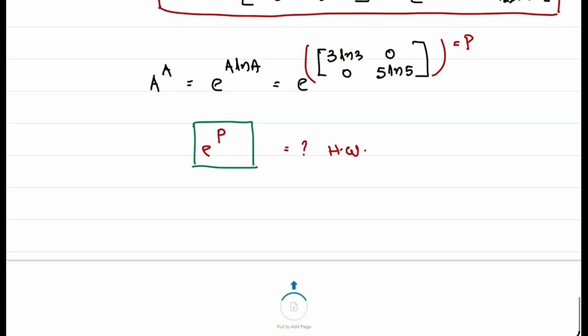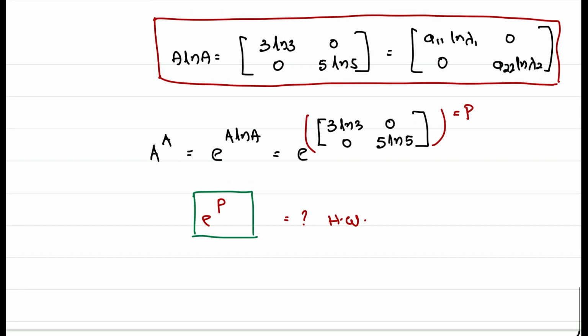And A to the power of A can be written as e to the power of 3 ln 3 in the first entry, 0, 0, and e to the power of 5 ln 5.